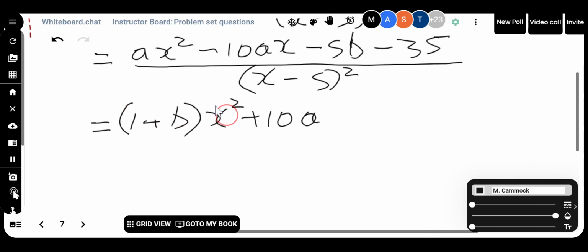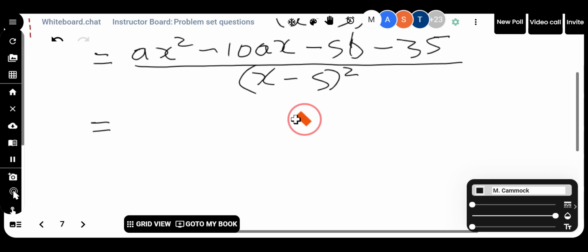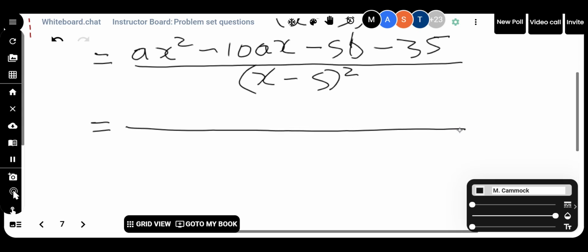Oh, sorry, hold on. Okay, so we should also be putting in that x equals minus 1 into the function as well.